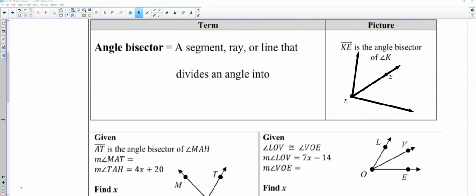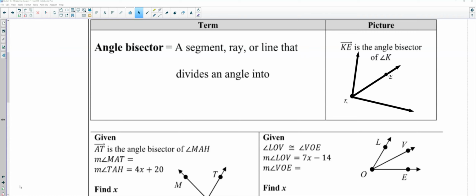And then we have the definition of angle bisector. What is an angle bisector? Well, do you remember what a segment bisector was? A segment bisector could be a point, a ray, a line, or a segment that intersects the segment at its midpoint, cutting the segment basically in half. Remember that?